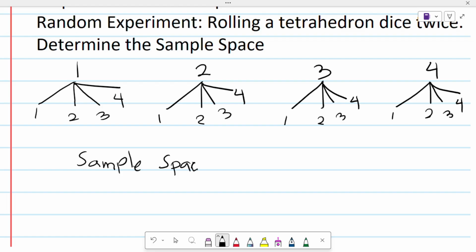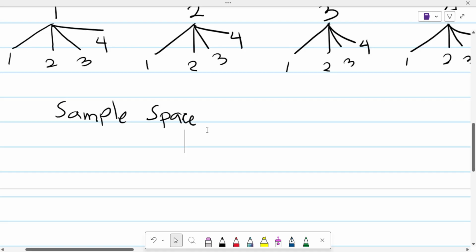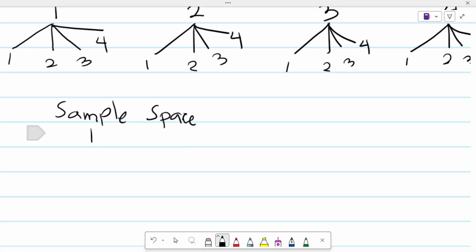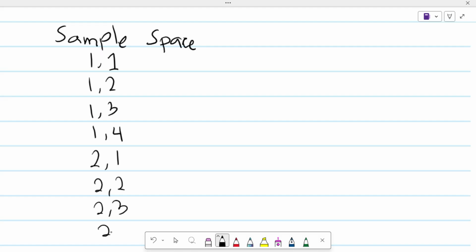So our sample space: 1,1; 1,2; 1,3; 1,4. We have 2,1; 2,2; 2,3; 2,4.